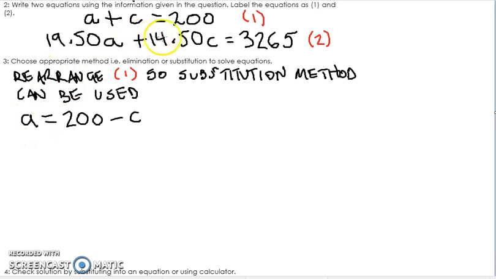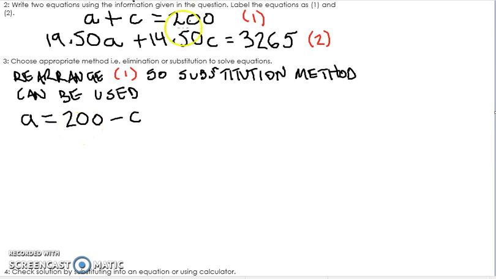And whatever I do to the left, I do to the right. So what I'm left with is 200 minus C. Technically these two equations are the same, they're just written in a different format. But I've purposely done this so that I can then use the substitution method. So anywhere I see A within the second equation, I'll just replace it with 200 minus C.